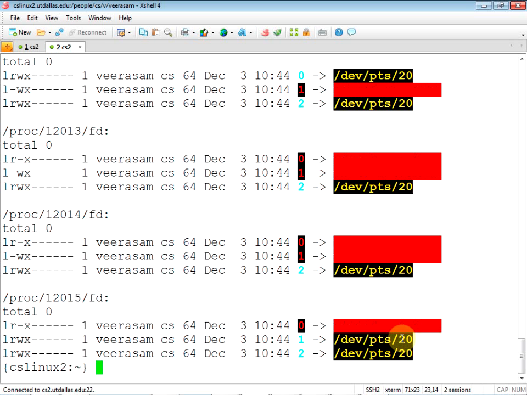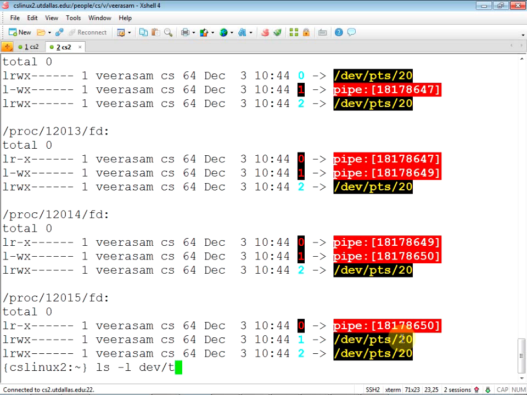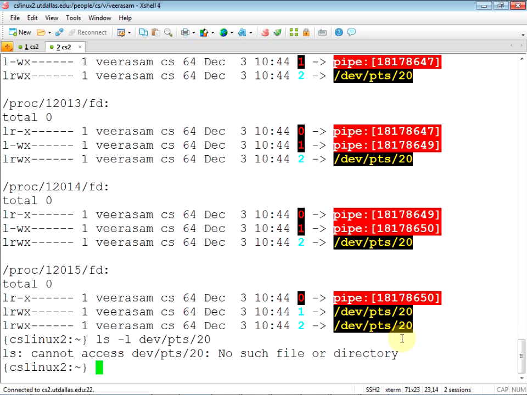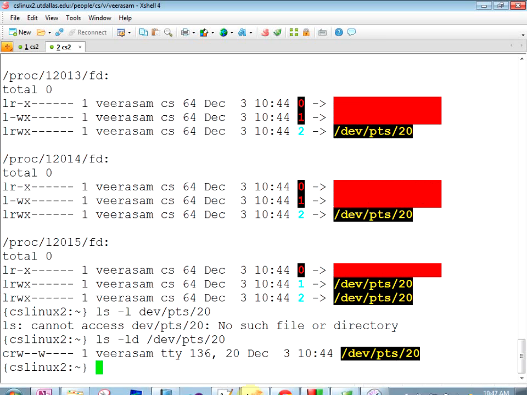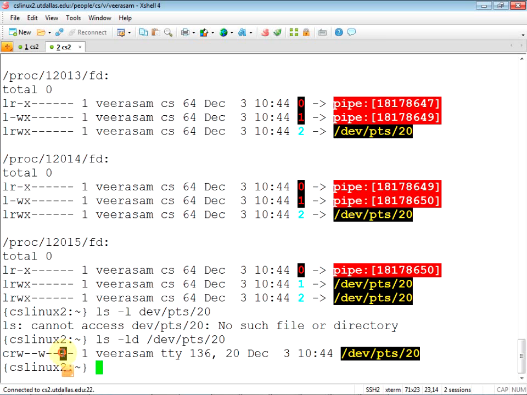So see, you have this /dev/pts/20. See, that's a write. Doesn't look like others have permission. So if others have write permission here, then you can write to others.